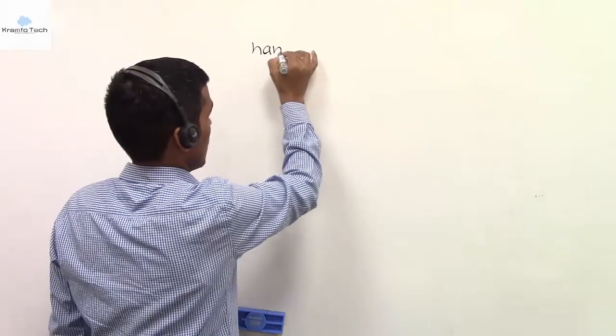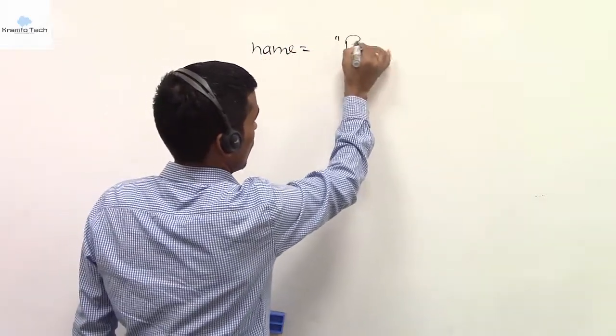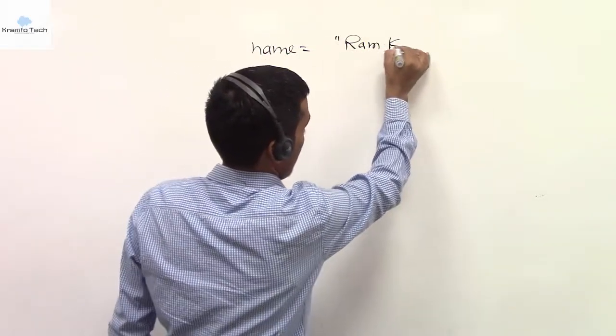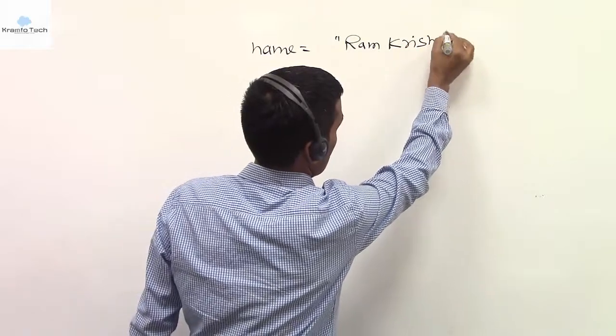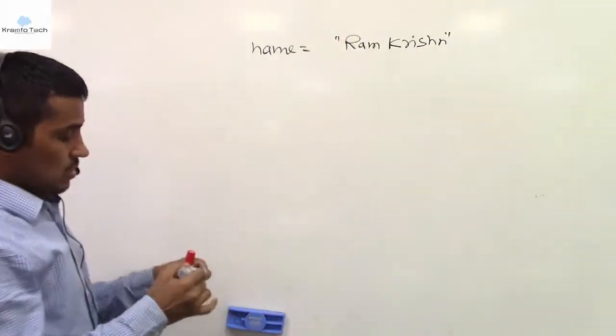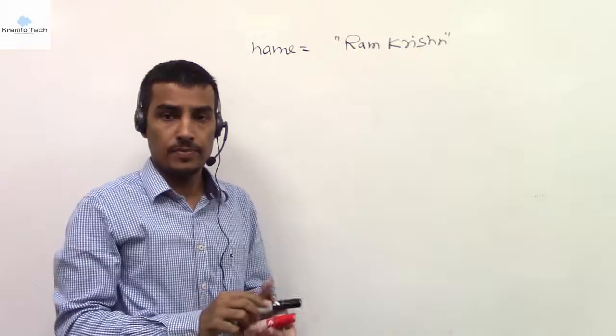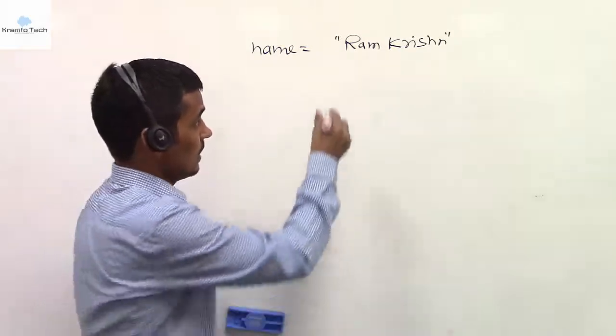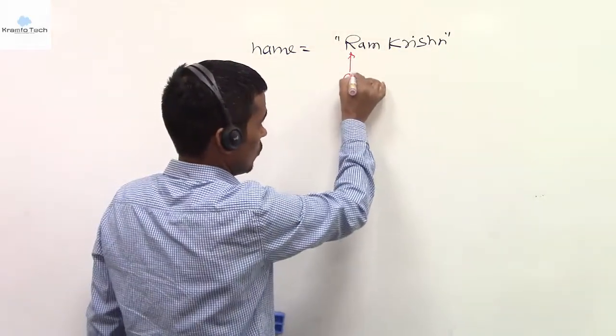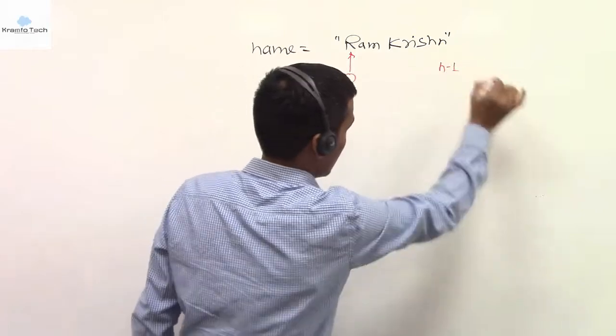name equal to Ram Krishn. Any string's starting index is 0 and goes up to n minus 1.